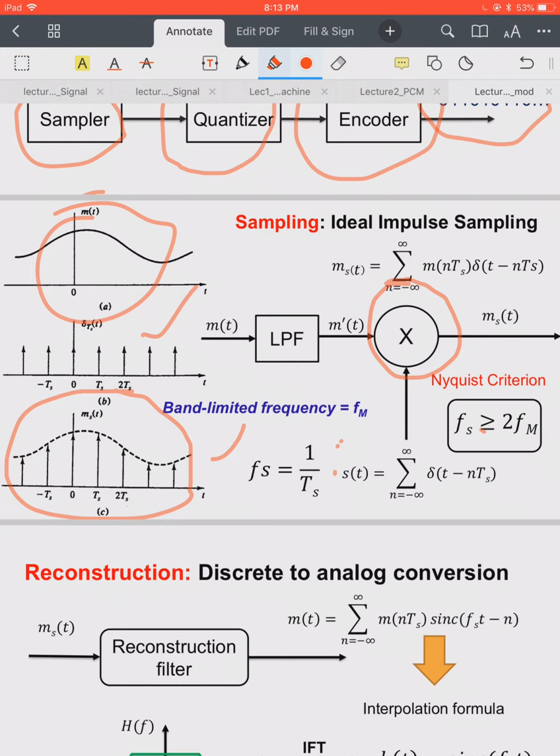But suppose my sampler, so you already know the Nyquist criteria or sampling theorem, right? Suppose my sampler has a sampling frequency, sampling rate, Fs. According to the sampling theorem, my input signal must be band limited to Fs by 2.